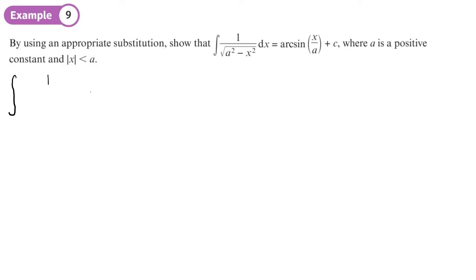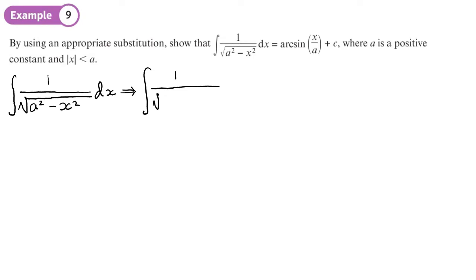So let's write out the question here. The square root of a squared minus x squared. Step number 1 is going to be to factorize out the a squared: a squared times 1 minus x squared over a squared.